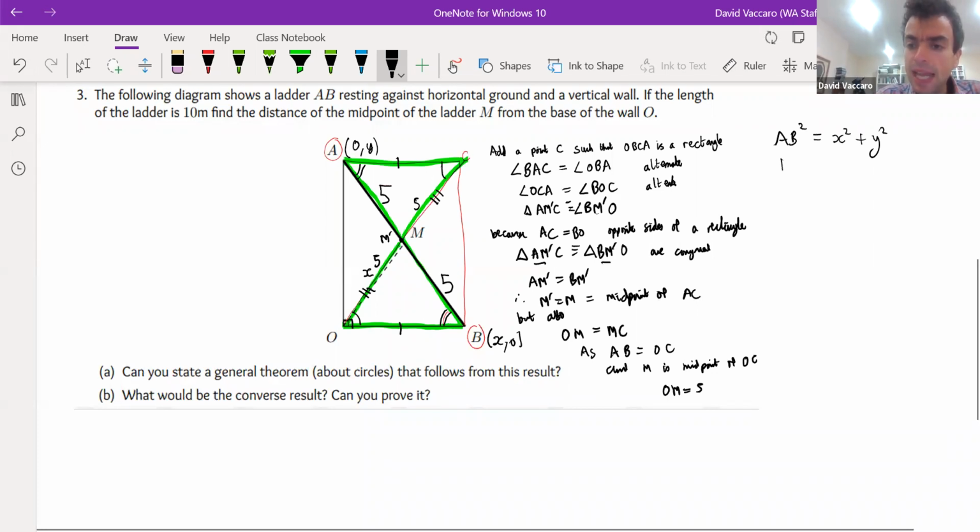Okay, but AB is 10, so we have 100 is equal to x squared plus y squared. The point M has coordinate half x and half y because it's the midpoint of AB.